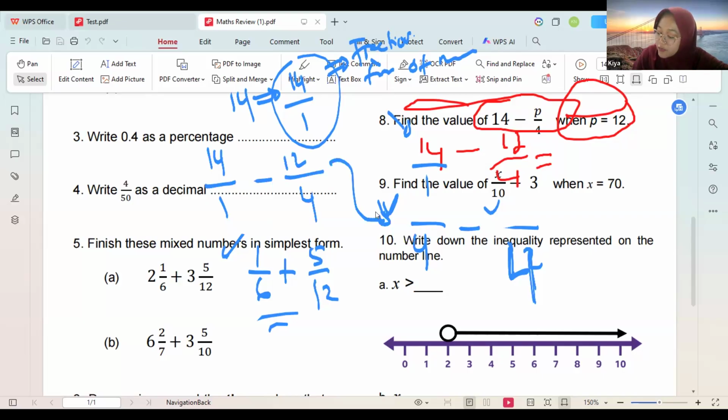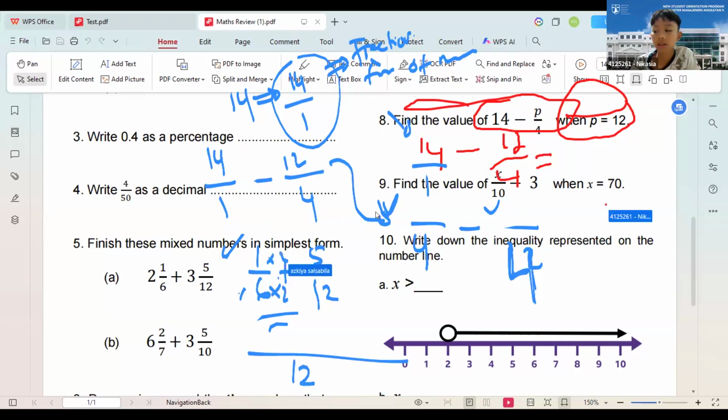And then if the denominator for the first fraction is 4, so what is the numerator? It's just the same as this. When you find the LCM is 12, you just multiply the numerator and denominator by 2, right? Yeah.